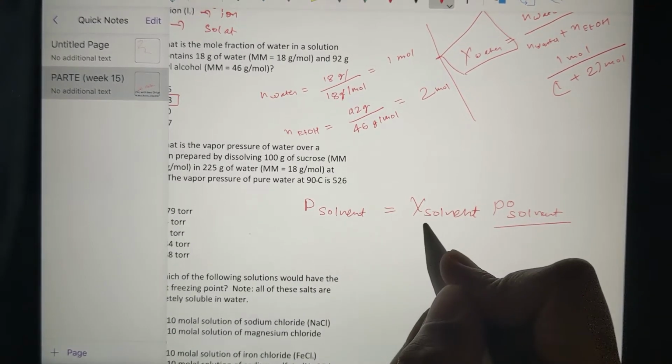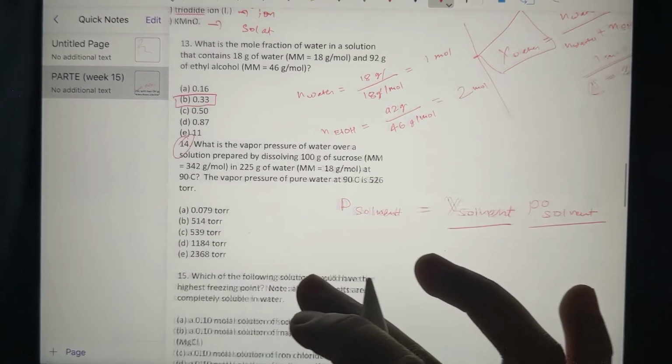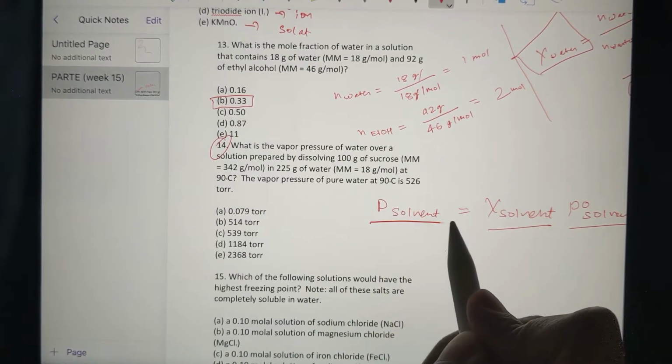This is the mole fraction of solvent, and this is the vapor pressure in the solution.